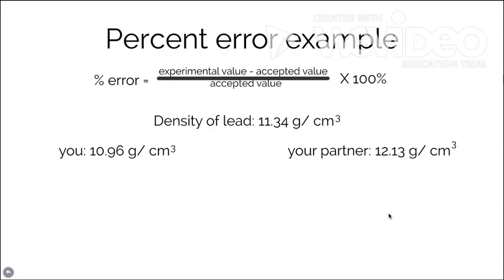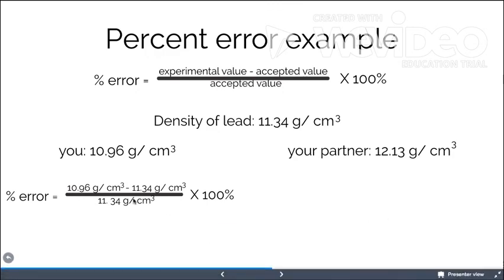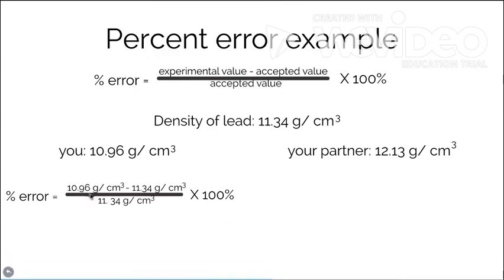All right, so clearly neither of you hit it on the head, but what we have to see is if you are within an acceptable range. So let's go ahead and plug in your value. Sorry, this is not the density formula, this is the percent error formula. Plug your density into the percent error formula. So here you have 10.96, this is your experimental value, and you subtract the accepted value of 11.34 grams per cubic centimeter.